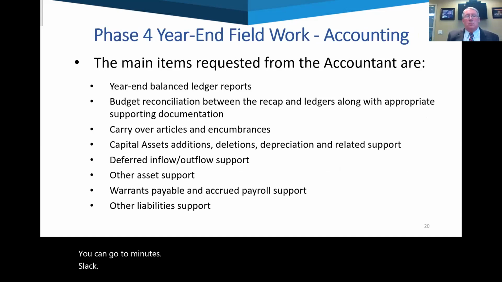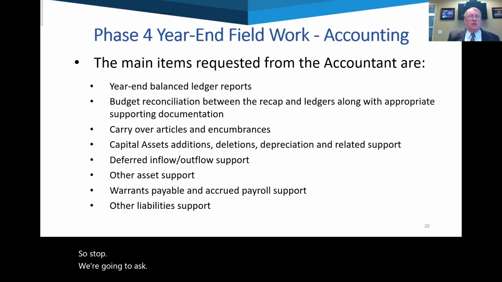Okay. And so at June 30th, we're going to ask for various things from accounting, treasury, collecting, et cetera, as we go through. So in order to start the audit at this point in time, we're going to ask for year-end balance ledger reports.